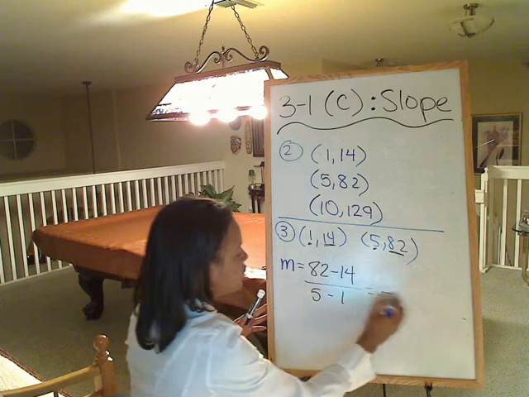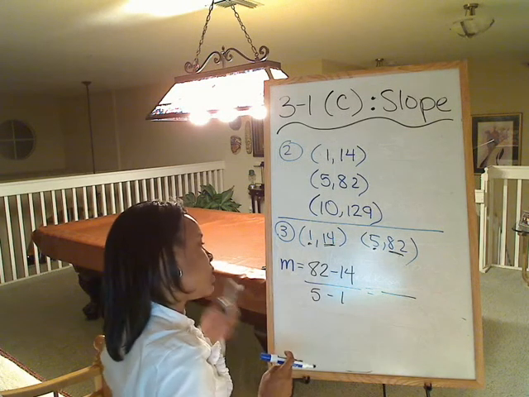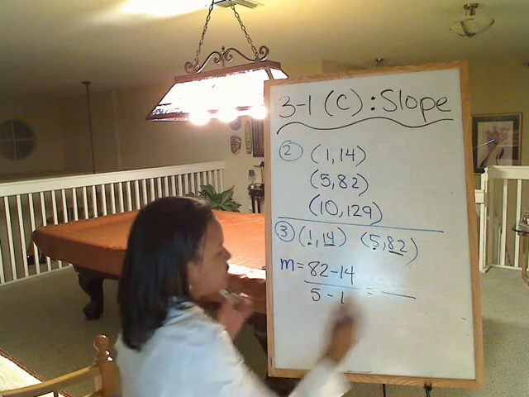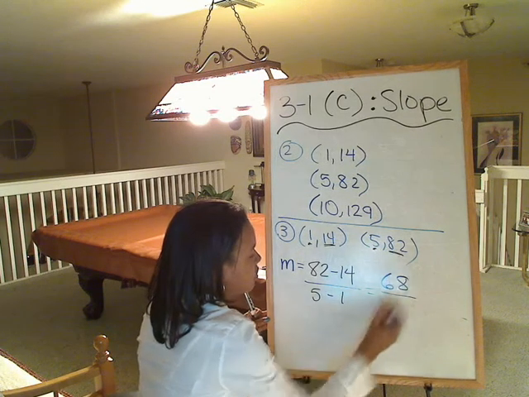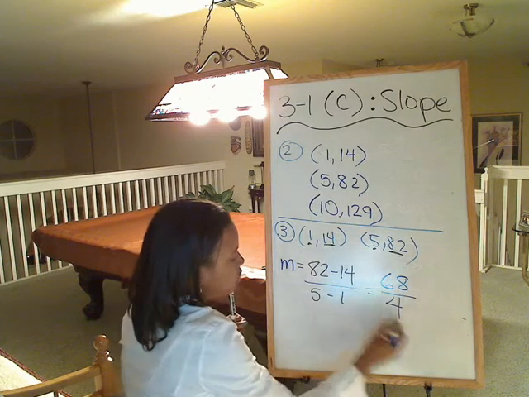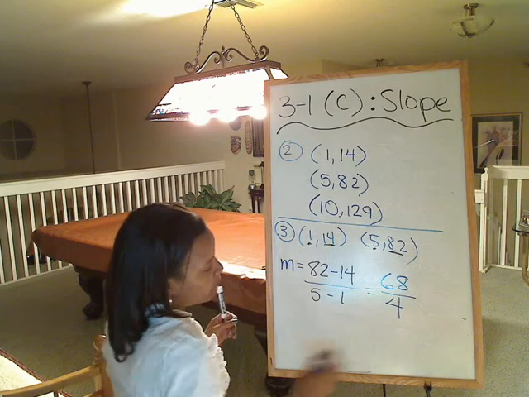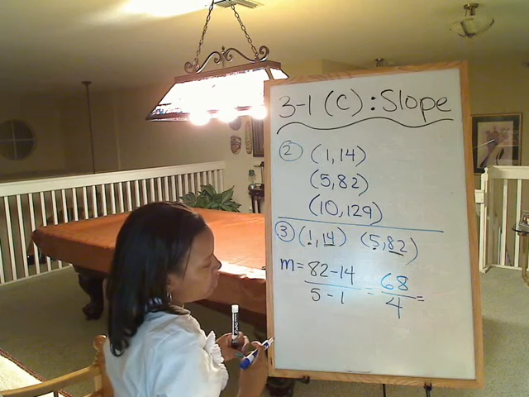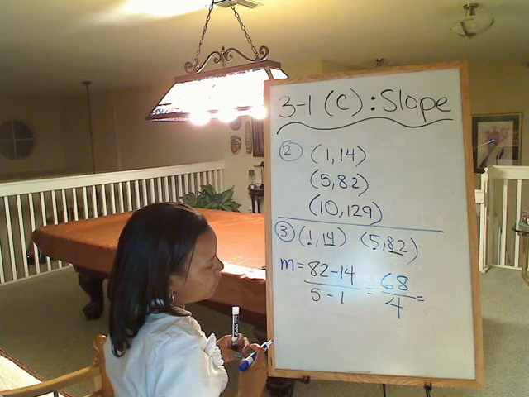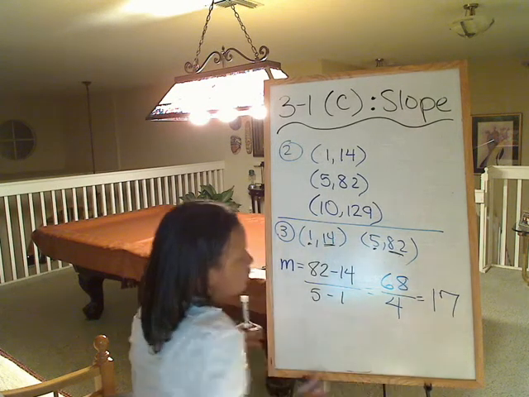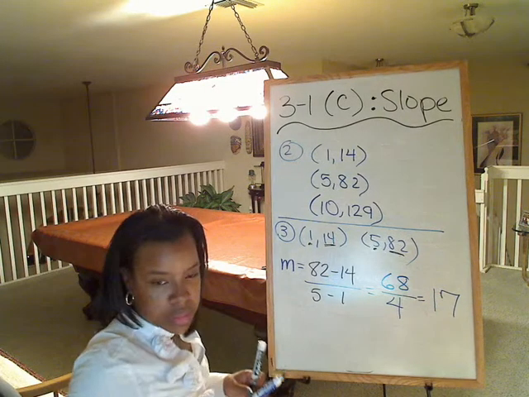82 minus 14 is 68. And this is 4. And that can be simplified. 68 over 4 is 17. Okay, let me double check that.